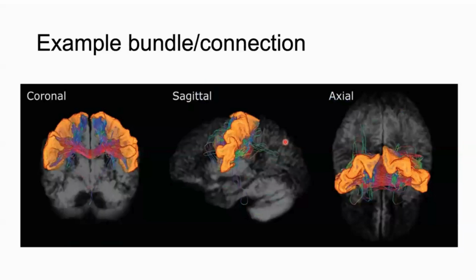So this is the example bundle connection that you get using Tractoconnectome between two regions. Different views, and you see all these tracks that might or might not exist, these loopy tracks.